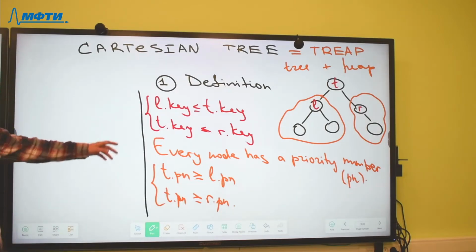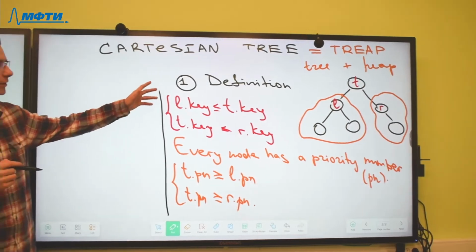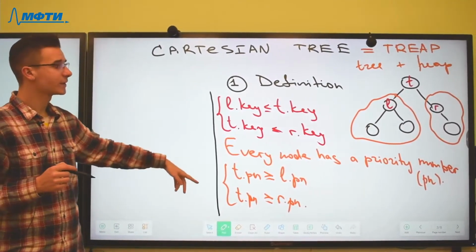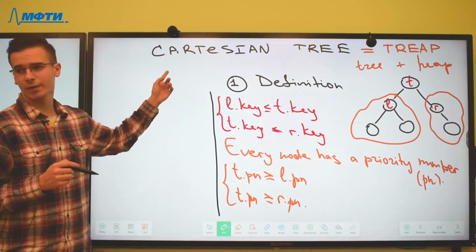If our structure has these two properties, we say that it is a Cartesian tree.